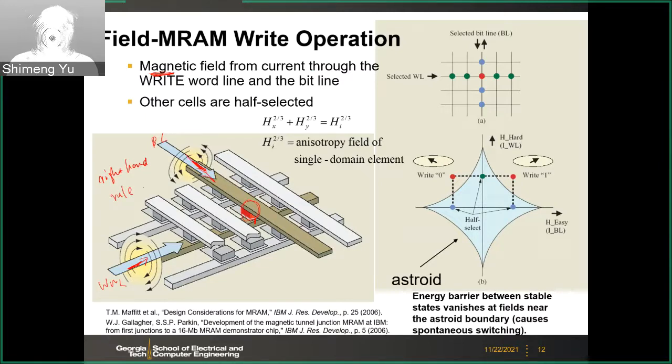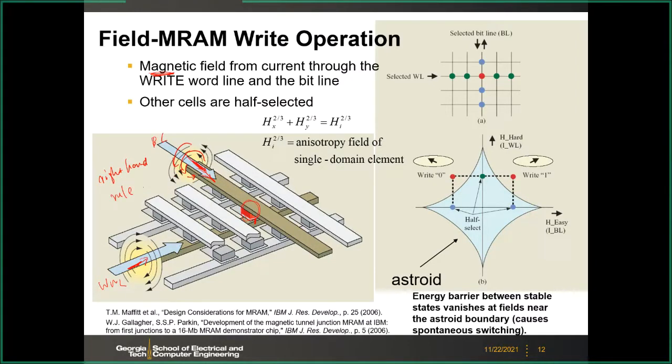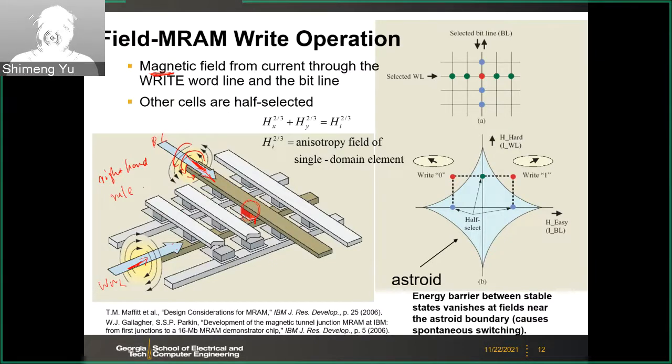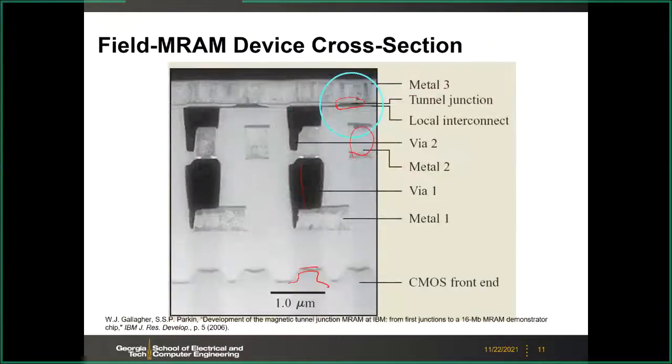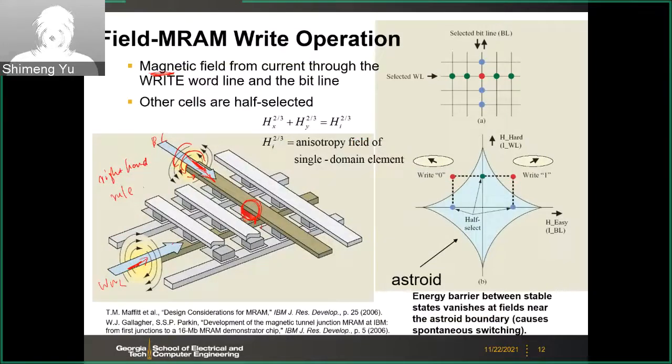So if you apply current this way, then you use the right hand, and you will have the circulating magnetic field associated with that current. If you apply two currents like this, then you are going to have this magnetic field, and that field can switch the MTJ free layer. So you rely on the field generated by the current to flip the MTJ in this case.